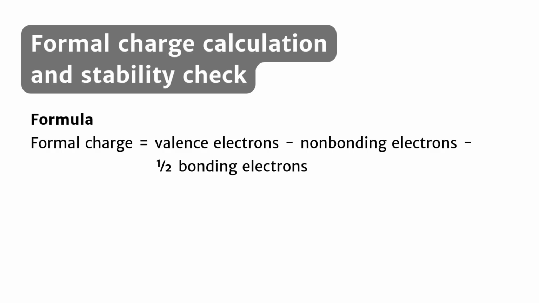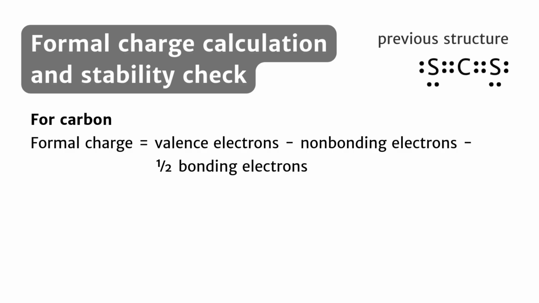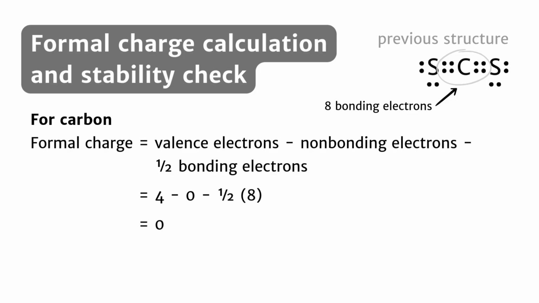Input the data and allocate the values to determine the formal charges for each corresponding atom. For the carbon atom, valence electrons equals 4, non-bonding electrons equals 0, and bonding electrons equals 8. So, the formal charge will be equal to 4 minus 0 minus half multiplied by 8, which equals 0.